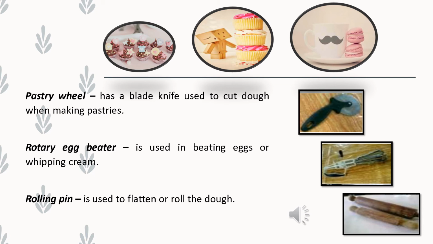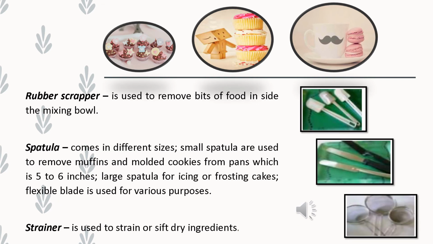Rotary egg beater is used in beating eggs or whipping cream. Rolling pin is used to flatten or roll the dough. Rubber scraper is used to remove or scrape off bits of food inside the mixing bowl.